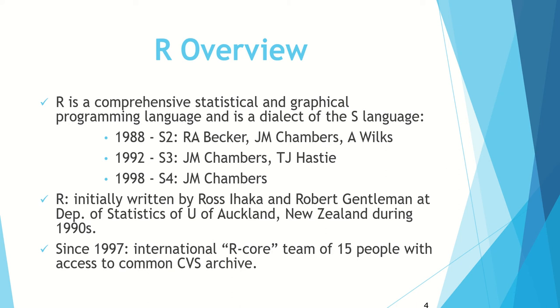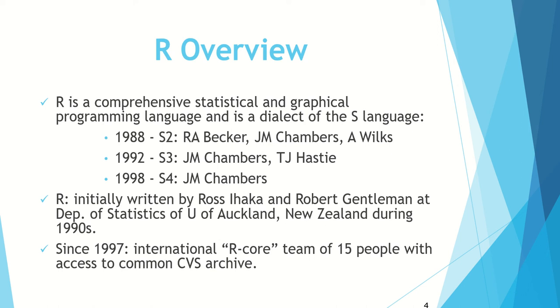The S2 version was developed in 1988 by R.A. Becker, J.M. Chambers, and A. Wilks. Then the S3 version was developed in 1992 by J.M. Chambers and T.J. Hastie. And in 1998, J.M. Chambers also wrote the advanced version, S4.